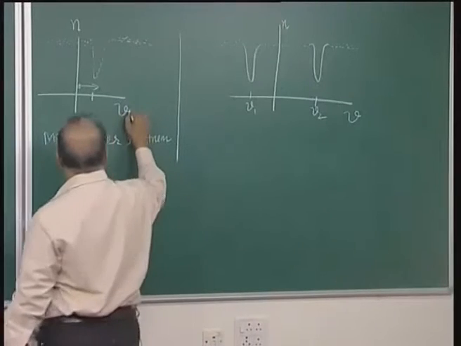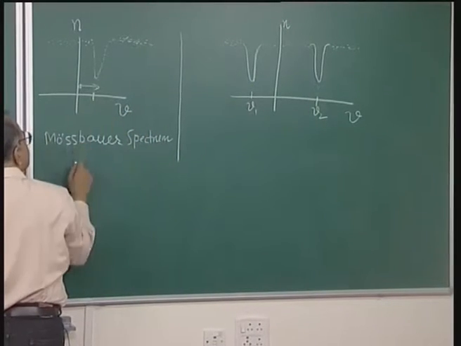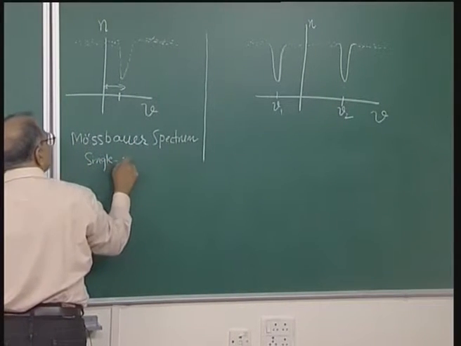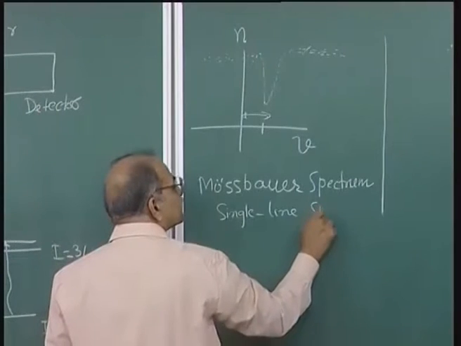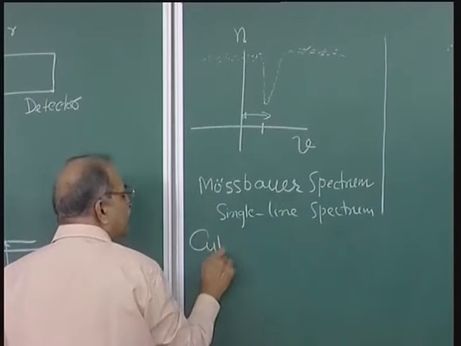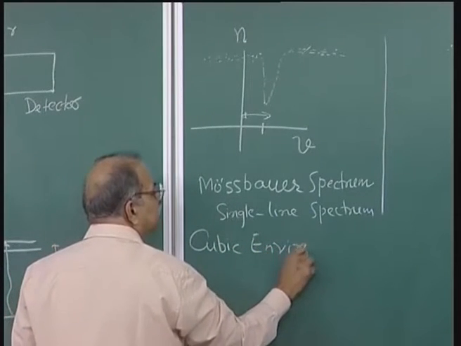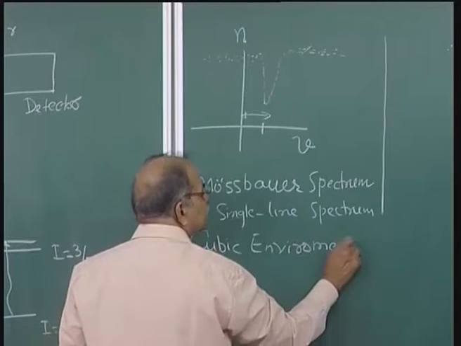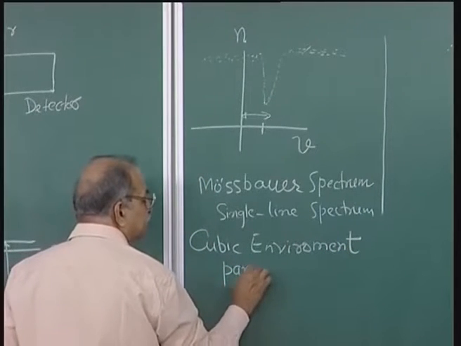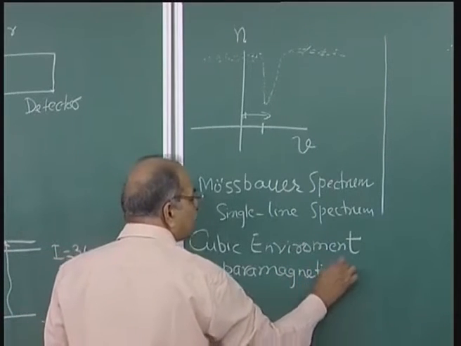This is when you have, normally, one single line spectrum. Cubic environment, paramagnetic or diamagnetic.